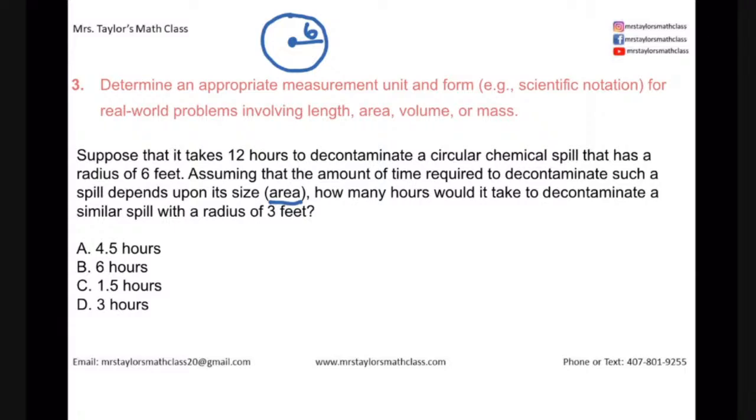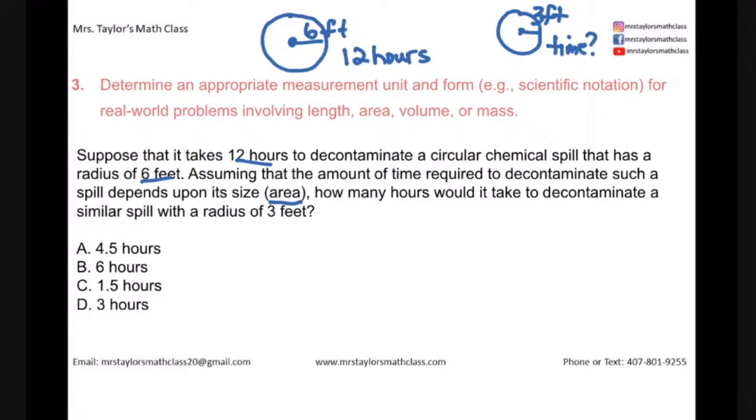And it took them 12 hours to clean this up. So now, 12 hours, 6 feet. Now you have another chemical spill, and its radius is a little bit smaller. It is 3 feet. And they want to know the time.